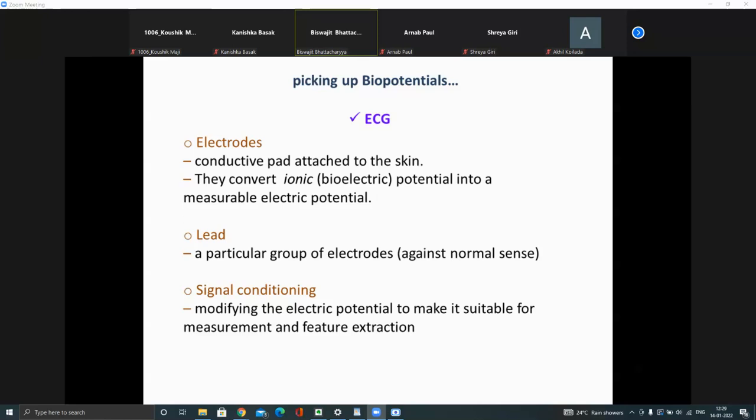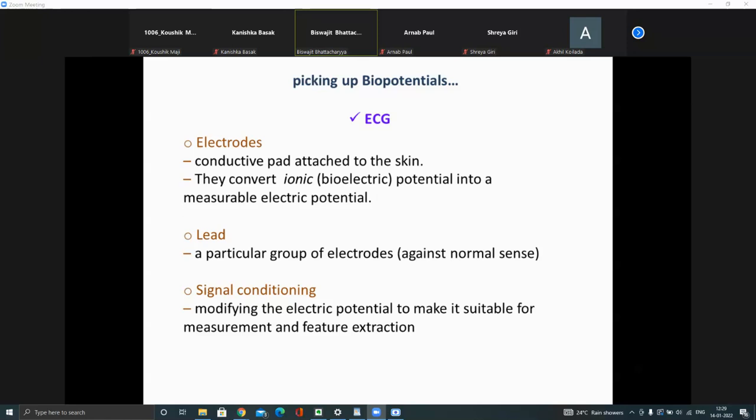It is not as per our normal sense. It may be lead 1, lead 2, lead 3. Lead 1 means a particular group of electrodes, lead 2 means another group of electrodes. So not a single electrode is working; a group of electrodes is working to pick up the biopotential for the ECG. You will see, obviously, step by step.